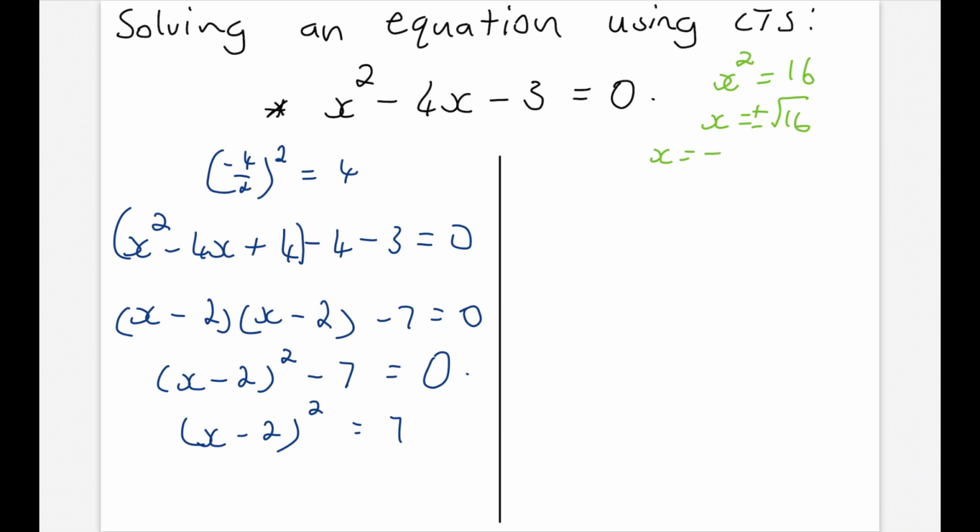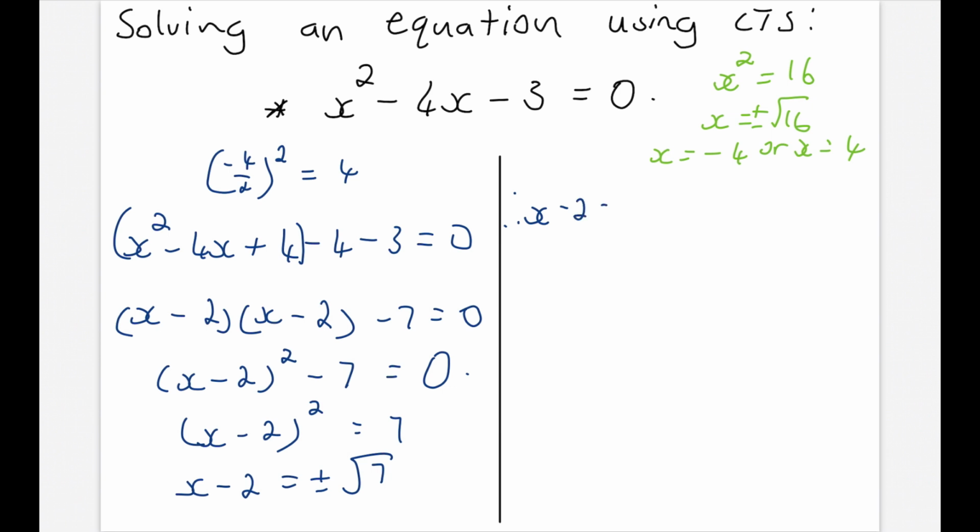So x can either be negative the square root of 16, which is 4, or it can be positive the square root of 16. Now, in the same way, x minus 2 is equal to plus or minus the square root of 7. Which means that, therefore, x is either, and I'm going to move this 2 to the other side, or rather, let me start here.